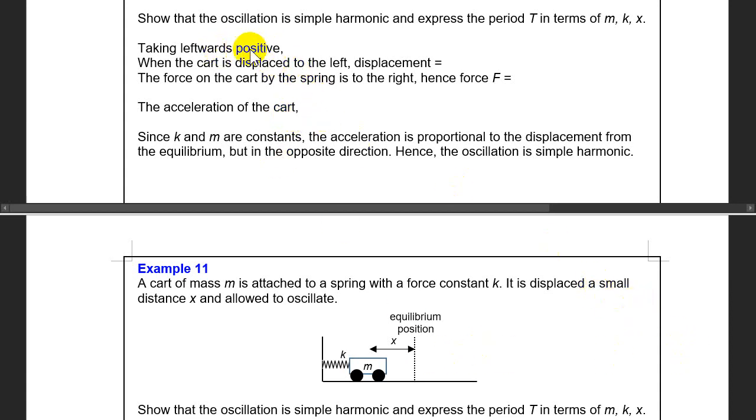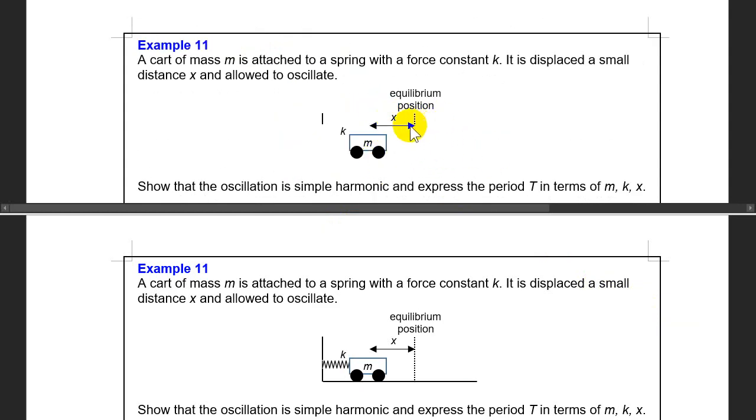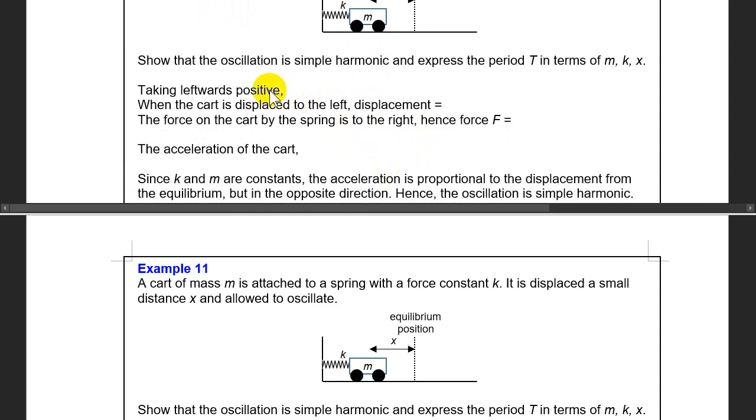Before we figure out the forces, we follow some sign convention. Since this object is pulled to the left, we'll let left be positive. It doesn't matter whether you take left or right as positive, but if you take left as positive here, the equation will be nicer. So let's look at the answer.